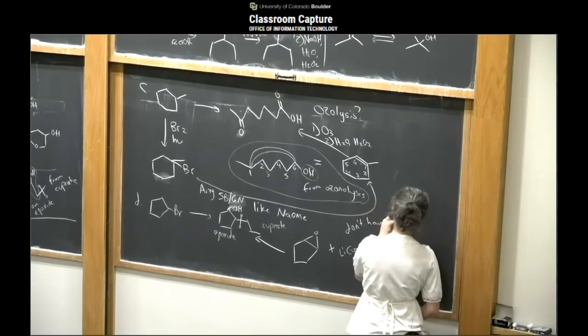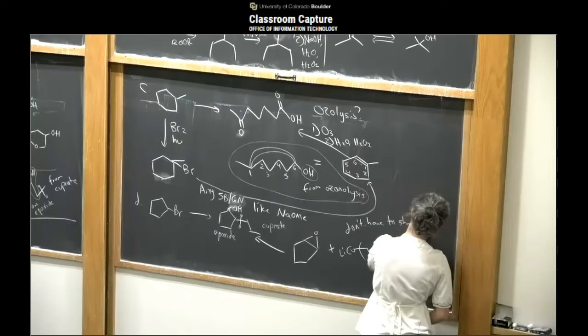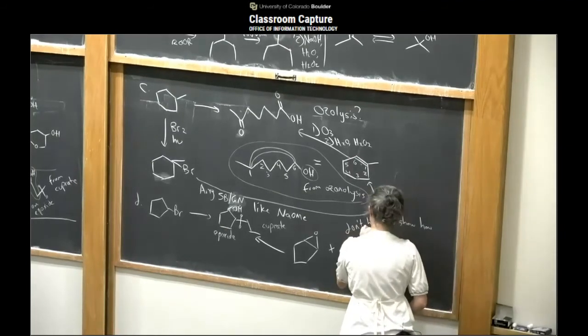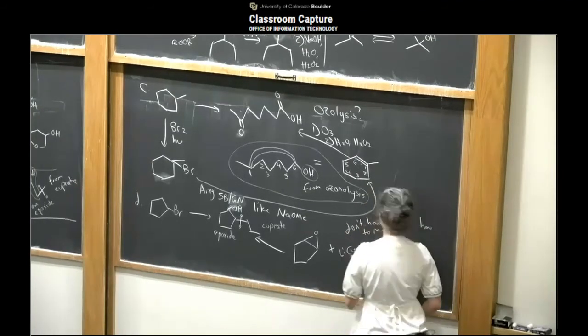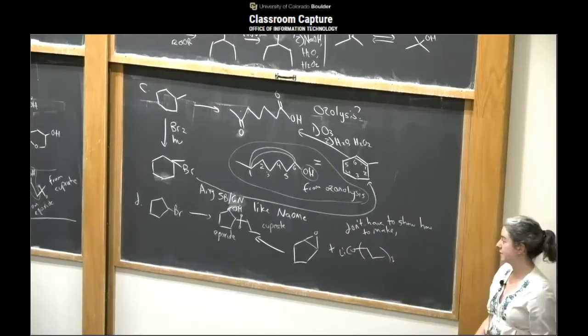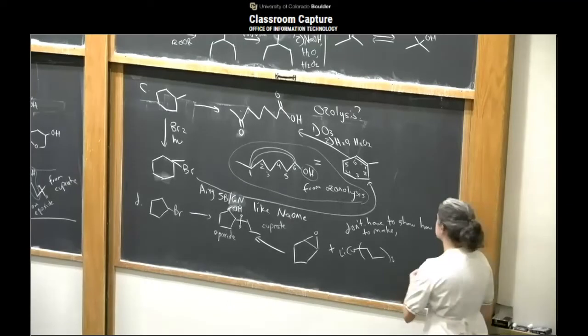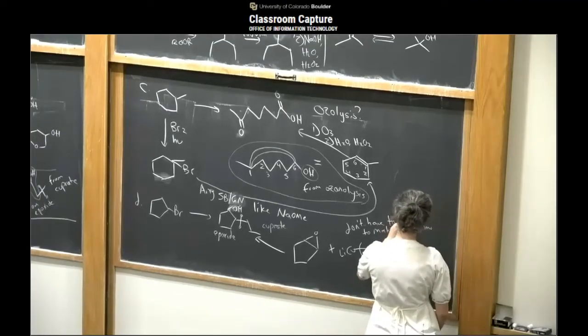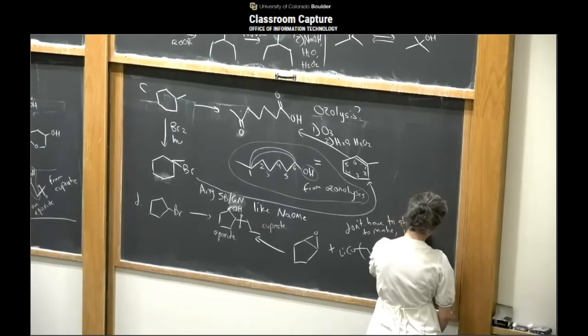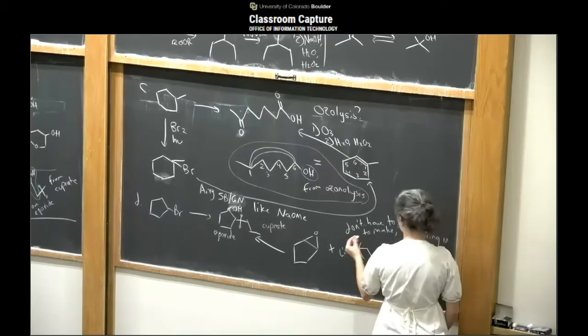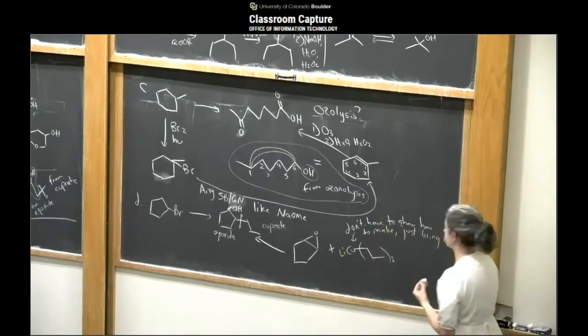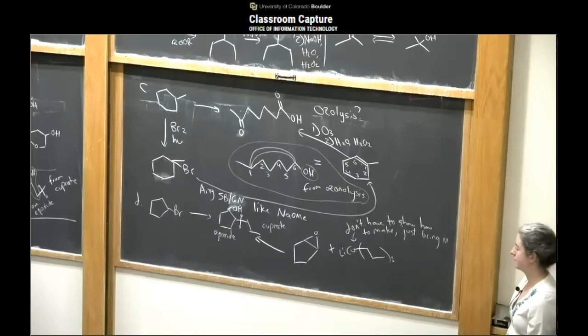So you don't have to show how to make this, because it's not actually made from our desired starting material at all. It's just a separate piece that we show up with partway through. Okay, that's just for the cuprate. We do still have to figure out how to make that epoxide from our starting material.